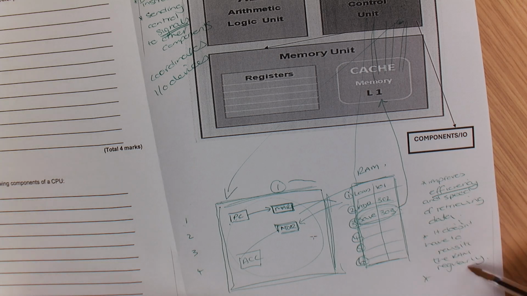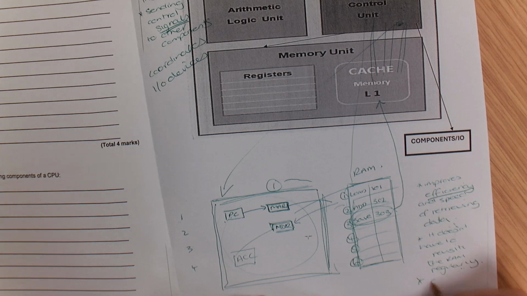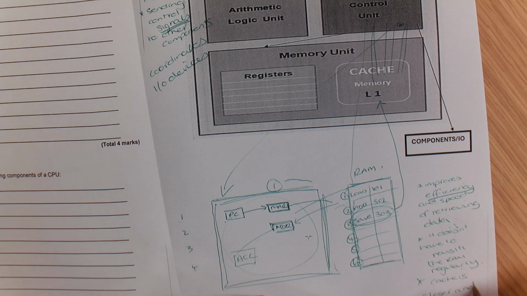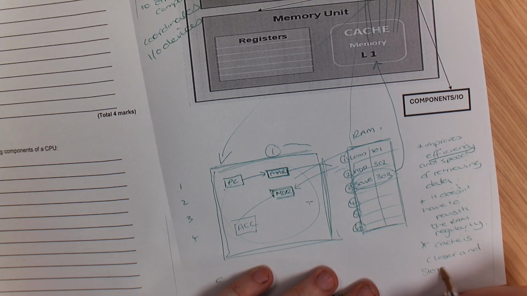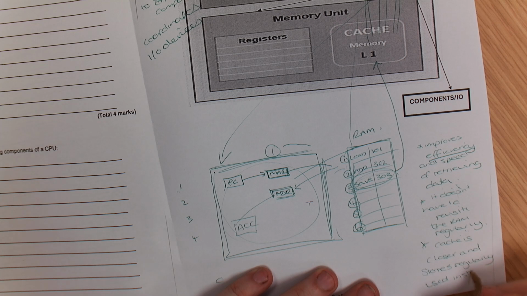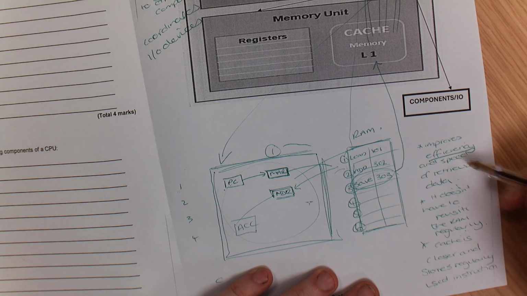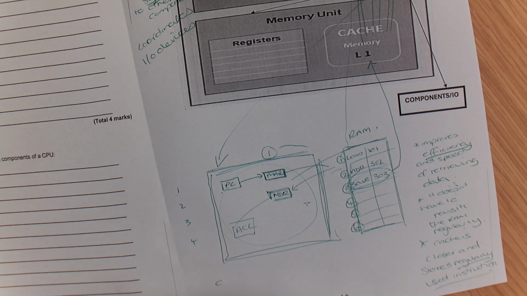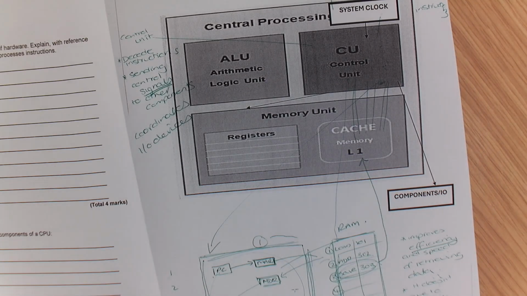You could say cache is closer and stores regularly used instructions. The difference between the different three things that I've just written there is about the regularly used instructions. You could give an example such as save, however you want to do it. I'm hoping that that diagram's helped you think about it.